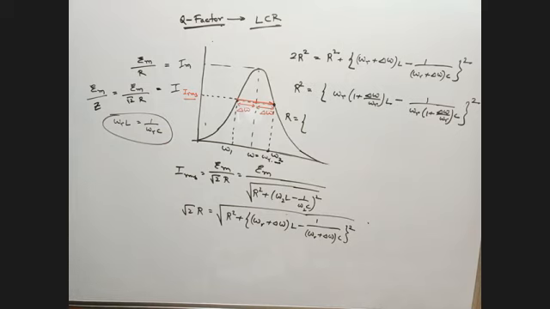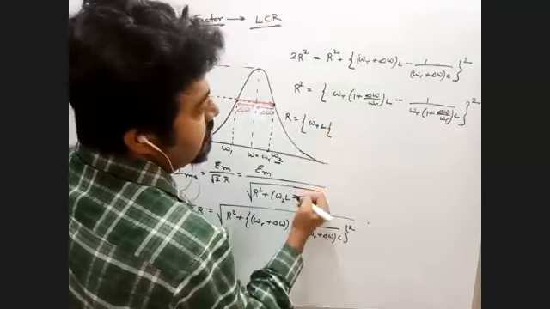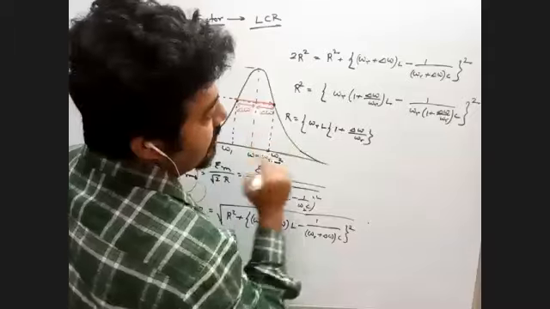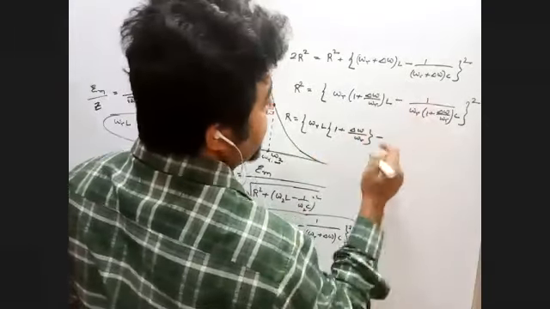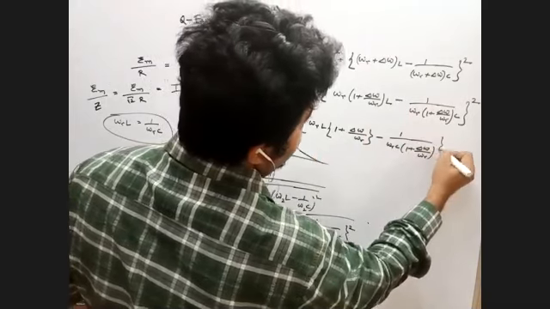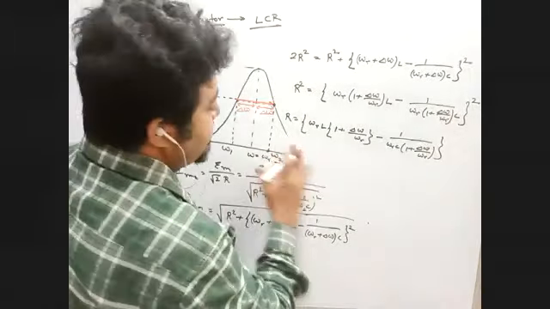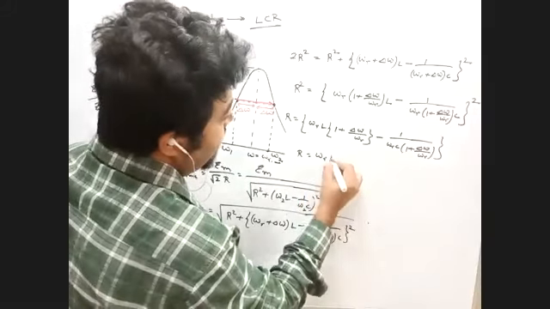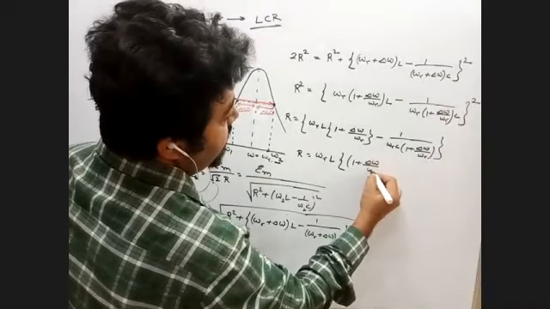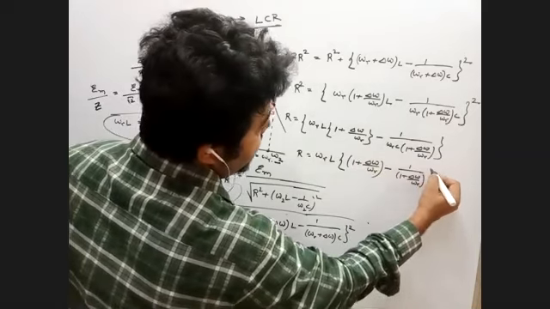So from that, omega R L, if we take common, 1 plus del omega by omega R, and from here 1 by omega R C, 1 plus del omega by omega R, square removed. Now see, omega R L and 1 by omega R C are the same, so I can write that R is equal to omega R L. If we remove it from the equation, now what we have is 1 plus del omega by omega R, and here minus 1 by 1 plus del omega by omega R. Is it okay?